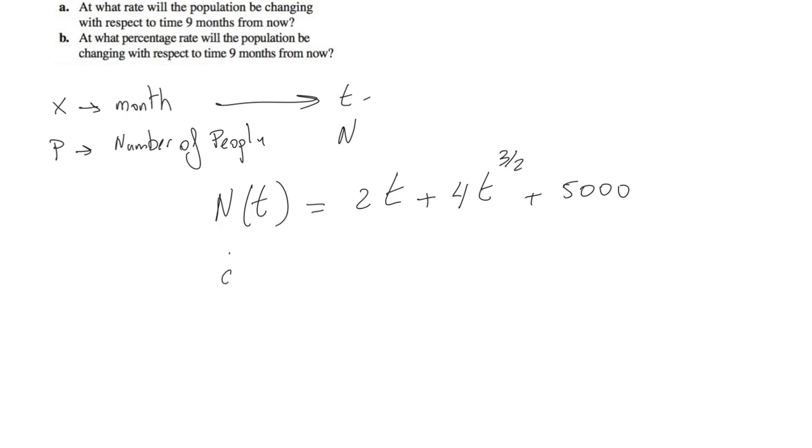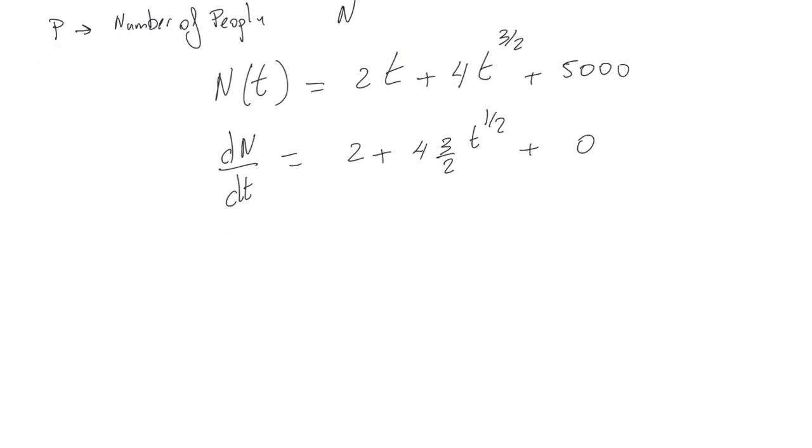What is the derivative of N with respect to the time T? The derivative of N with respect to the time T is 2 plus 4 times 3/2 T^(3/2 minus 1), which is T^(1/2), plus 0. Okay, what is the slope?